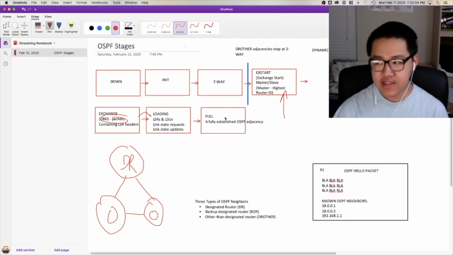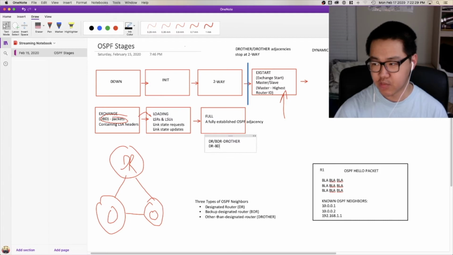The only adjacencies that ever go to full are adjacencies involving a DR and a BDR. A DR other to a DR other will never go beyond two-way. But a DR or BDR to DR other will, right? And a DR and a BDR relationship will.